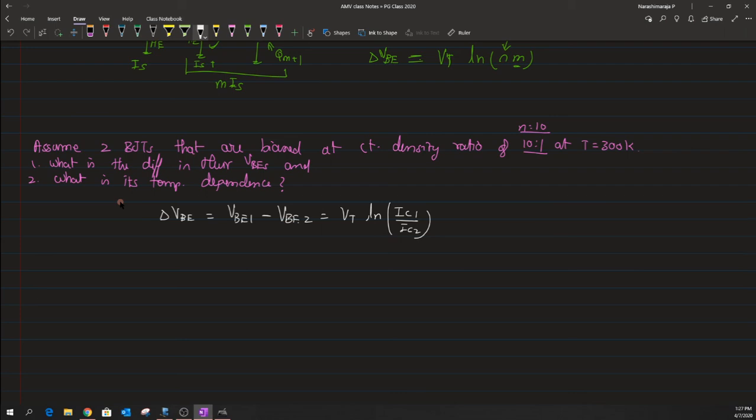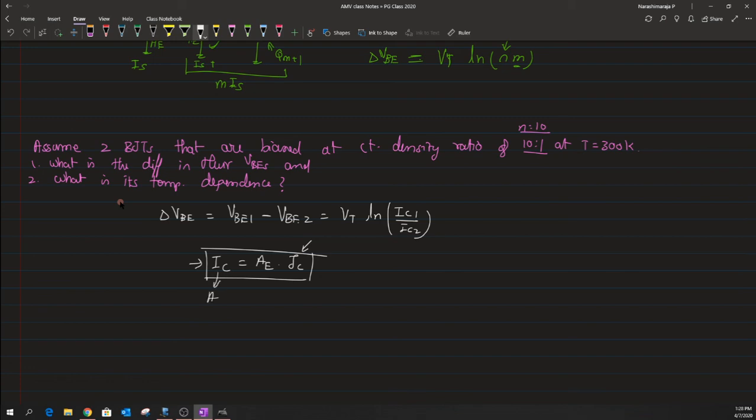One can even write the collector currents in terms of current densities, as JC times the area. Here the JC term represents the current density, and when it is multiplied by the area it results in a current, which is the collector current. Nothing fancy about it.